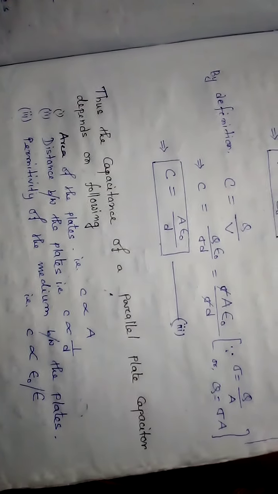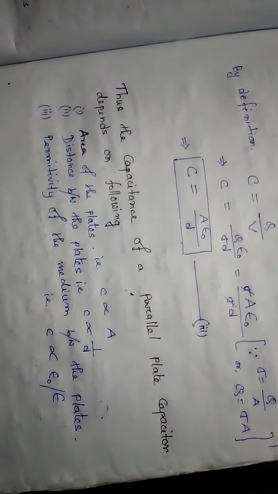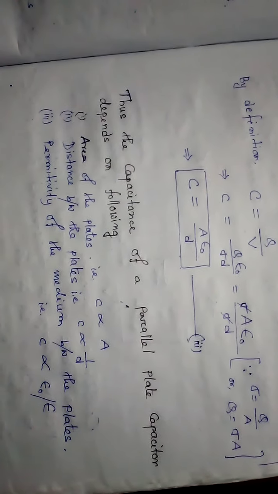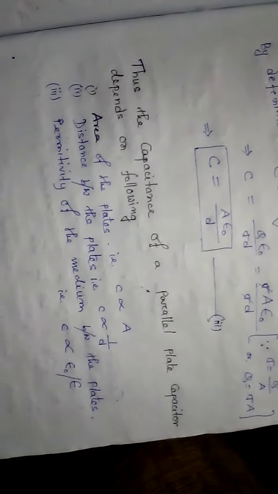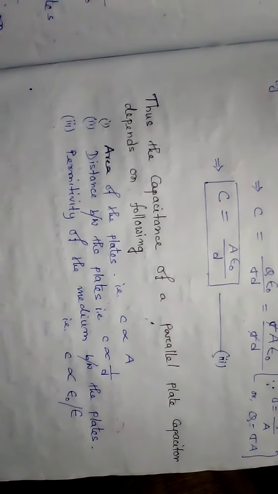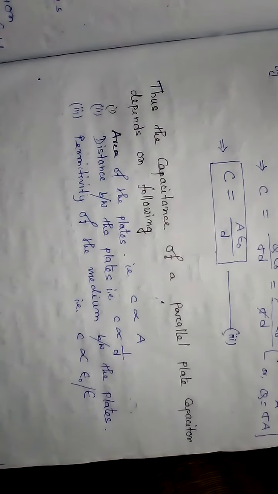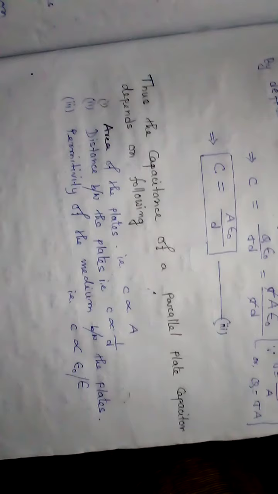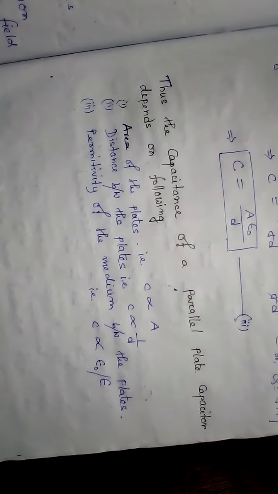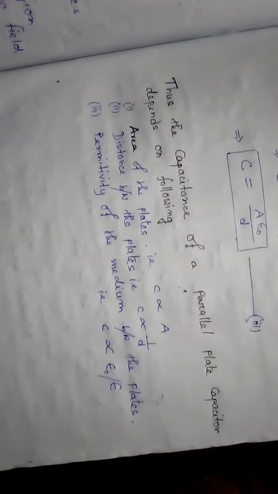Thus the capacitance of a parallel plate capacitor depends on the following factors. From the formula C equals A epsilon naught by d, we can tell that the capacitance depends on the following factors. Number 1 is the area of the plate, that is C is proportional to A. C is directly proportional to the cross-sectional area of the plate.